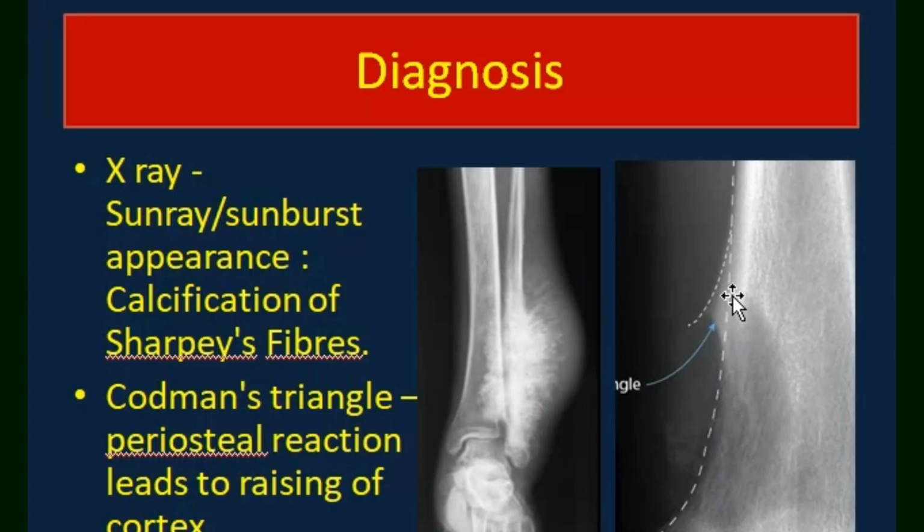What will happen because of this periosteal reaction or this excessive bone growth is that the cortex will become raised. The bone cortex over here will become raised, and it gives a sort of a triangle like appearance, which is called Codman's triangle. So, this Codman's triangle is due to periosteal reaction, which leads to raising of the cortex, forming this bony triangle called Codman's triangle.